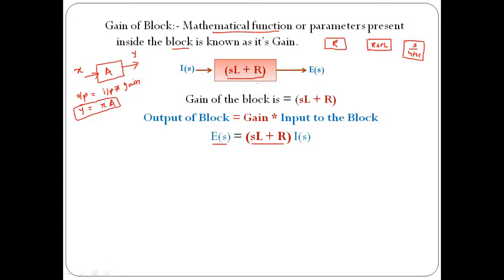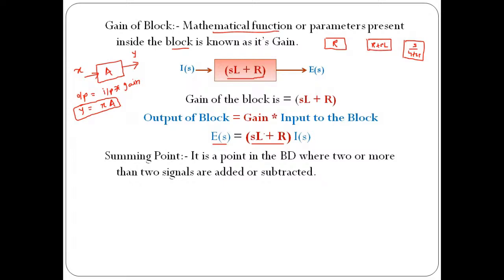So here SL plus R indicates the gain, and the input is I of S. So output is input times the gain, or you can say output is gain times the input. Both are the same thing. If you have to calculate output, and you know the input and the gain of the block, multiply input by gain and you will get the output, which is nothing but the response of the system.